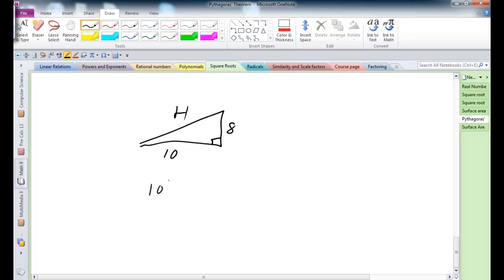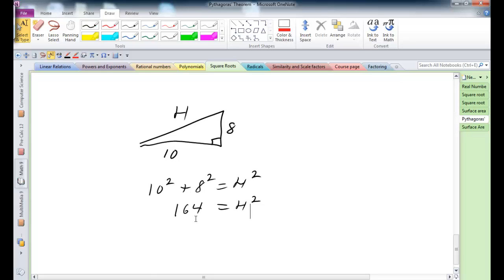It would be 10 squared plus 8 squared equals the hypotenuse squared. And so I would get 164 equals the hypotenuse squared.